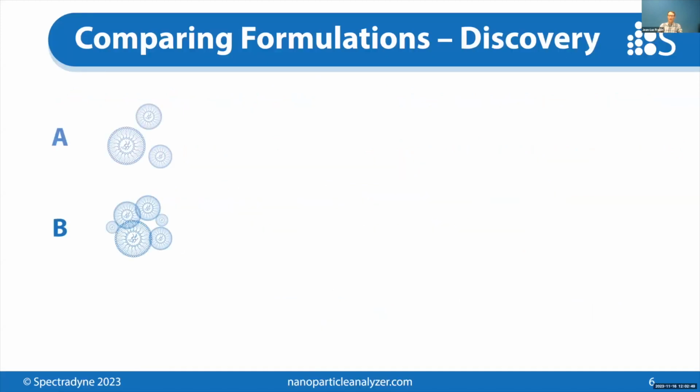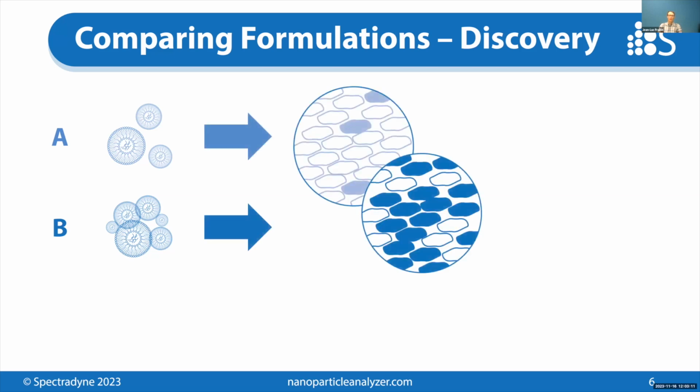And I like to illustrate that with a canonical experiment that if you're a scientist, you'll be able to relate to. It doesn't matter what you work with, actually. And that is the situation where we're comparing two different formulations. So these would be different LNP formulations, call them A and B. Typically, the way this is done is you take your two formulations, you apply them to a test system, maybe tissue culture media, maybe it's a live animal model.